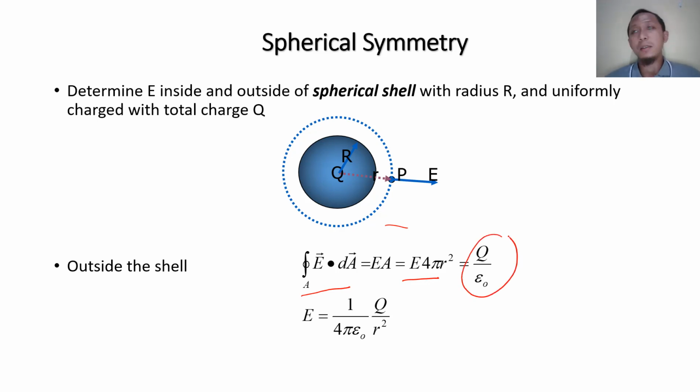So E is equal to 1 over 4 pi epsilon 0 multiplied by Q over r squared. It's like Coulomb's law for the outside of the shell.